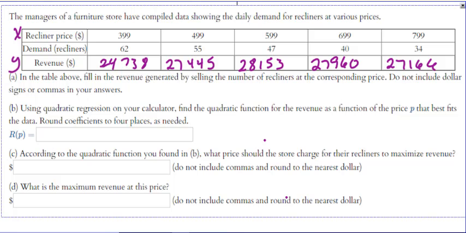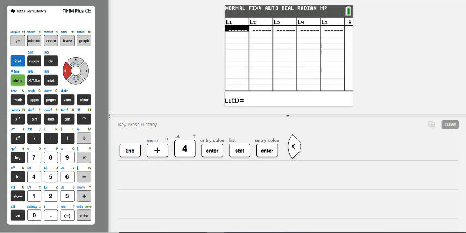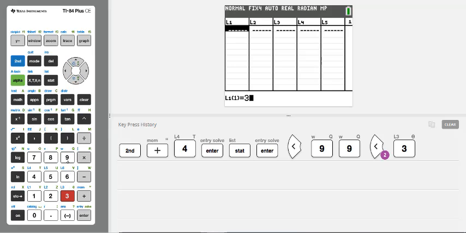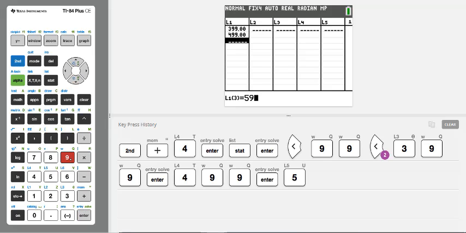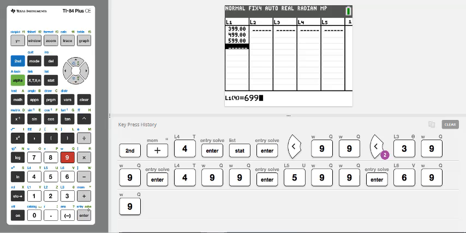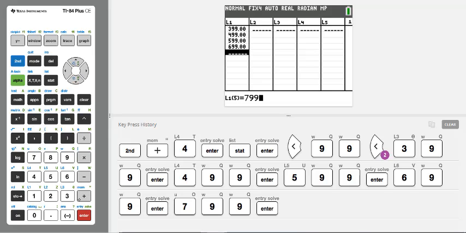So we are 399 up to 799. Back, missed that 3. 499, 599, 699, 799.